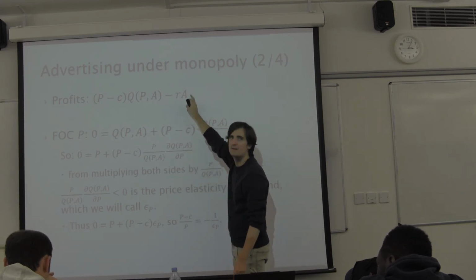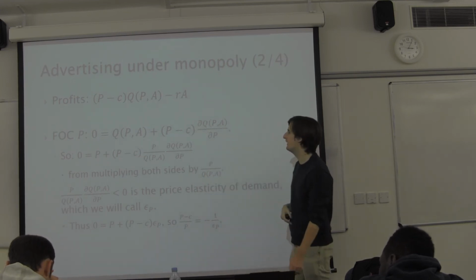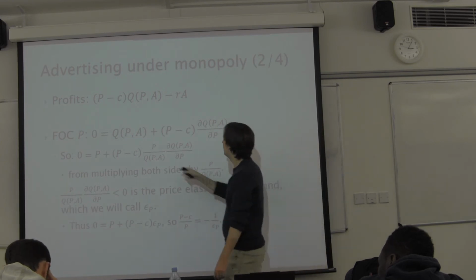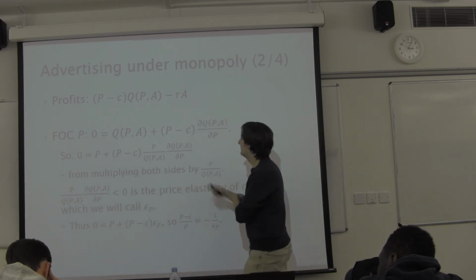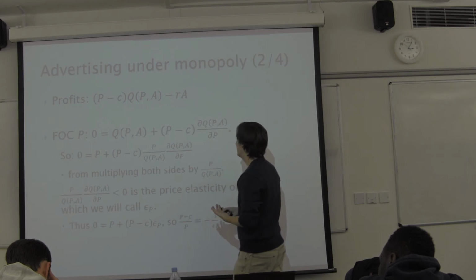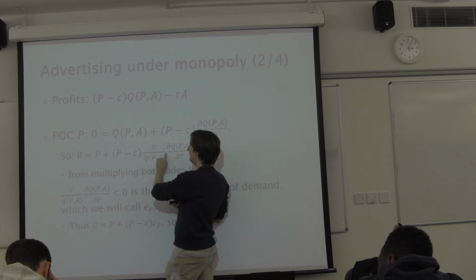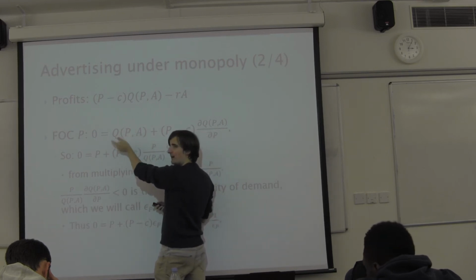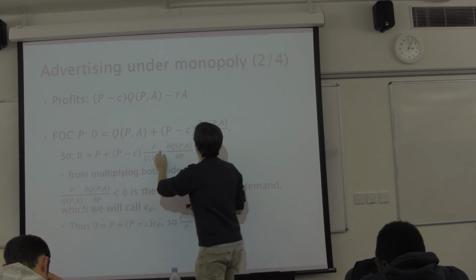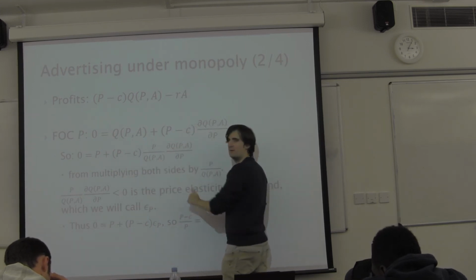Price doesn't occur in the advertising term, so there's nothing to do there. Just rewriting this expression, if you multiply by P over Q, Q times P over Q is just P, and then we introduce this P over Q term there.